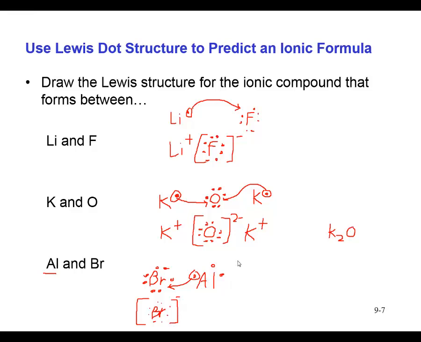And we learned that aluminum should have a +3 charge because it's going to lose all 3 of its valence electrons. And so we need to have 2 more bromines. So I'm going to have my next electron lost to a second bromine to form bromide, and so we're going to have 1, 2, 3, 4, 5, 6, 7, 8, a full octet.